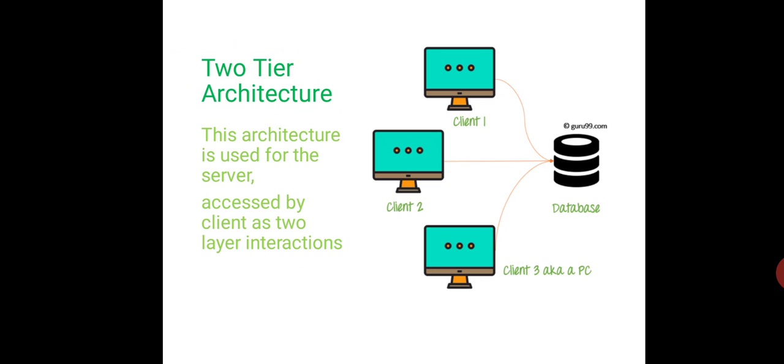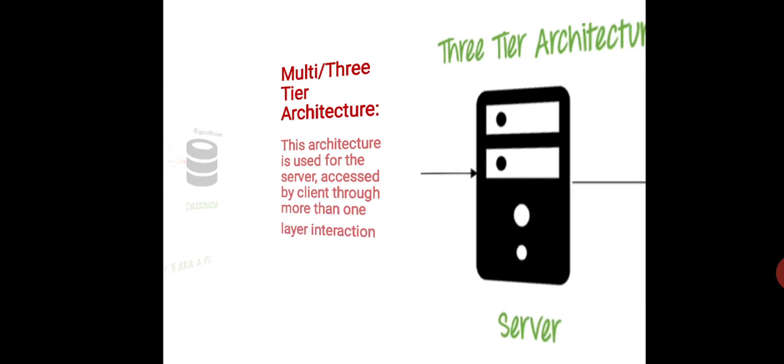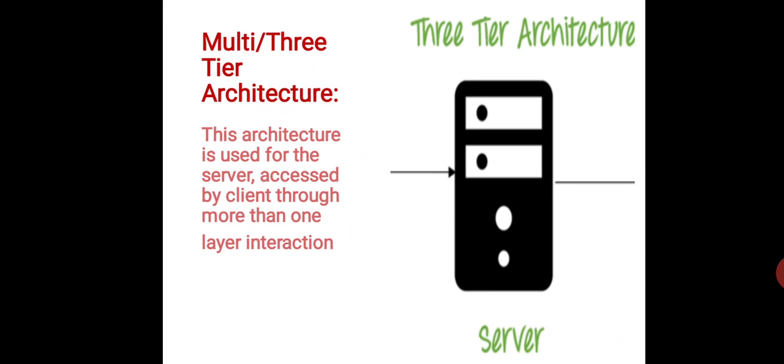So here we have only two layer interactions, one from the client and one from the server. This architecture, where the server is accessed by the client with two layer interactions, is called the two tier architecture.